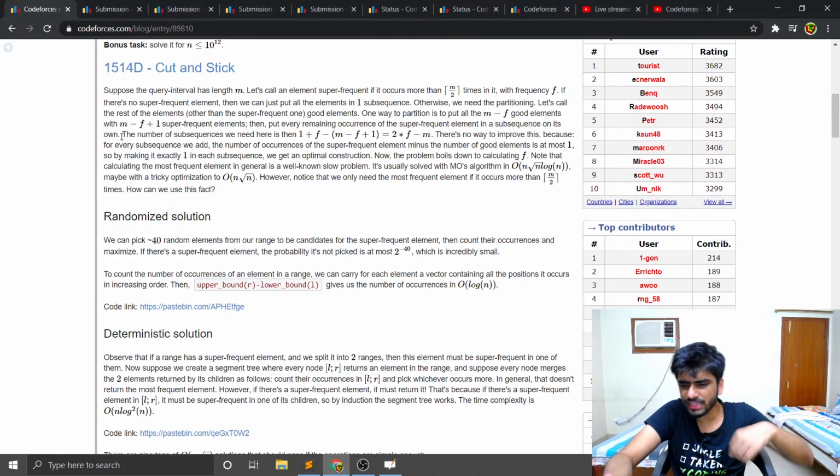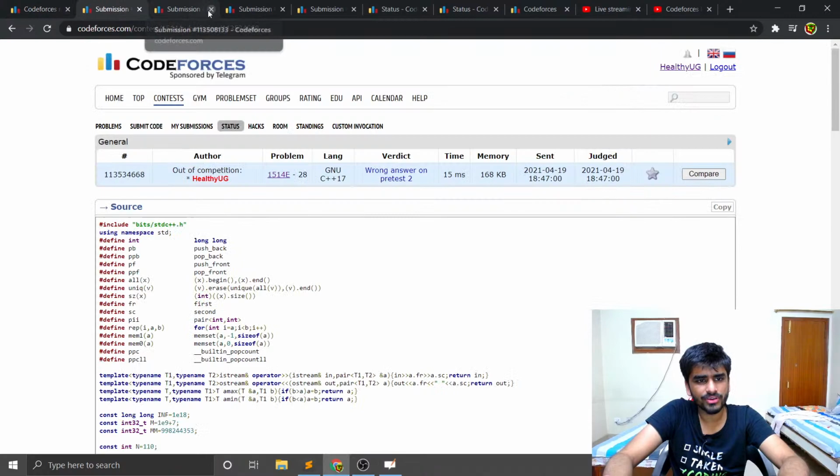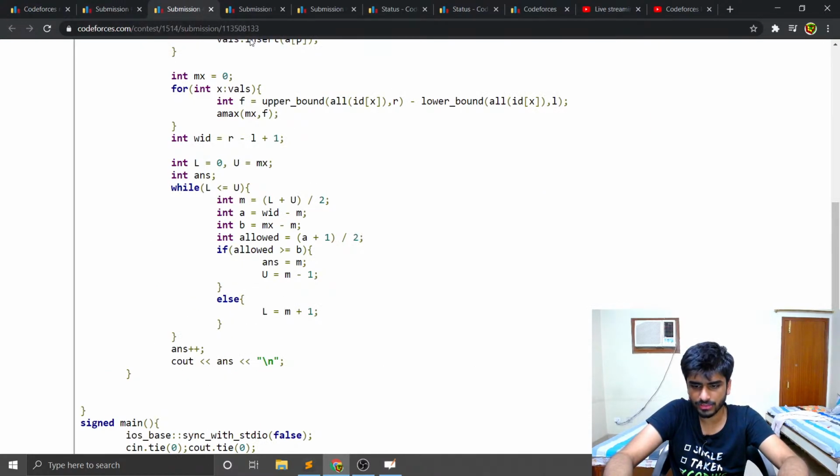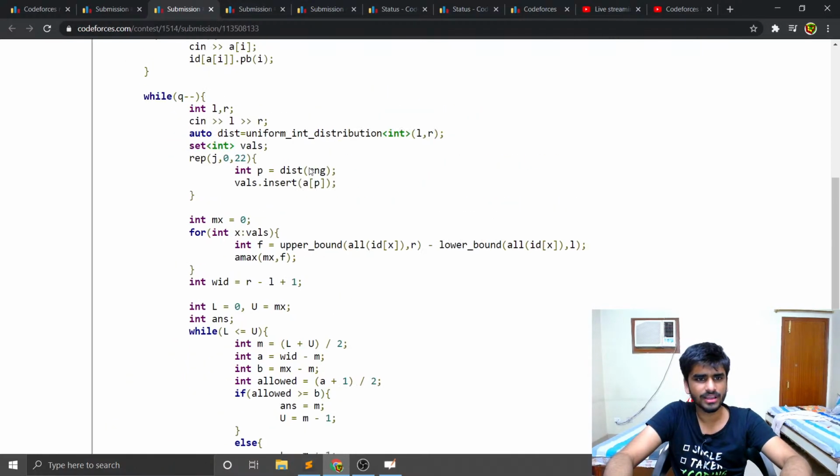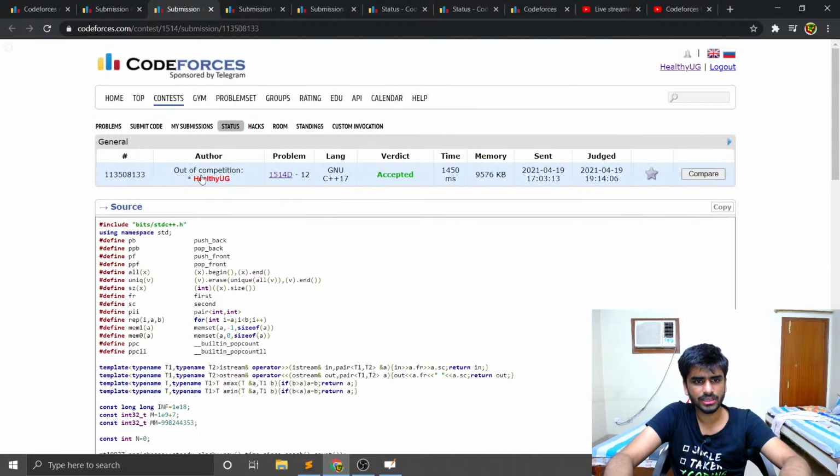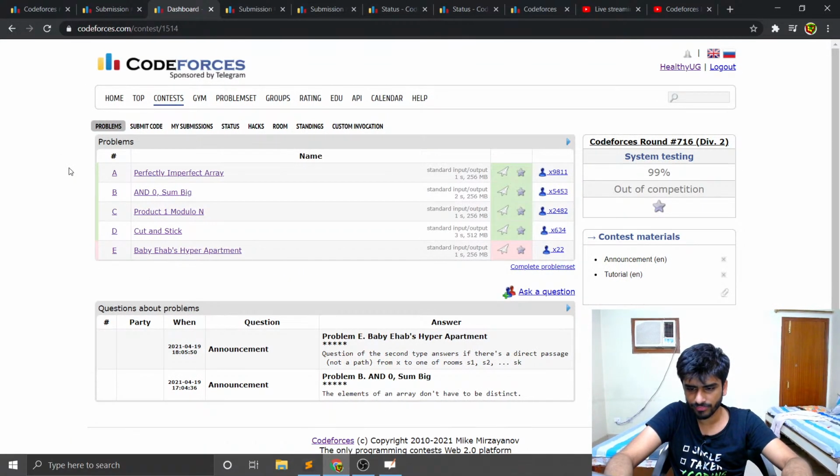Can we use sieve in problem C? Why would you need sieve in problem C? I think problem C was just about finding the coprime numbers, so I don't think you need a sieve. How did you do C so fast?